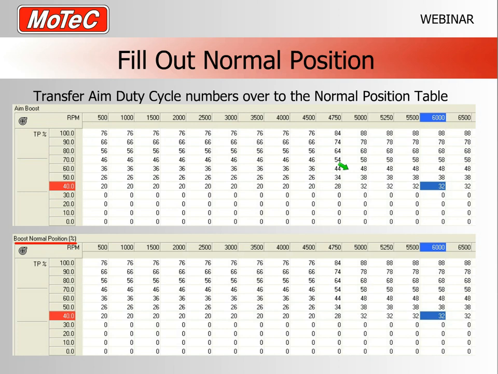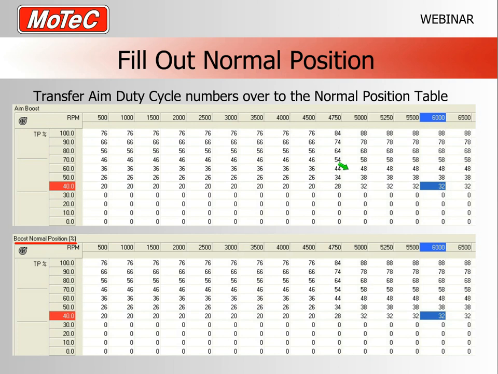So here is our aim boost duty cycle numbers that we used for open loop tuning, and we're transferring them down now to our normal position table. So all these numbers virtually, if they worked well there, you can transfer them into your normal position table. So if it was working at 4,000 revs, if we had the boost we wanted at 100% throttle, then let's put in a duty cycle of 76. So transfer it all down to here.